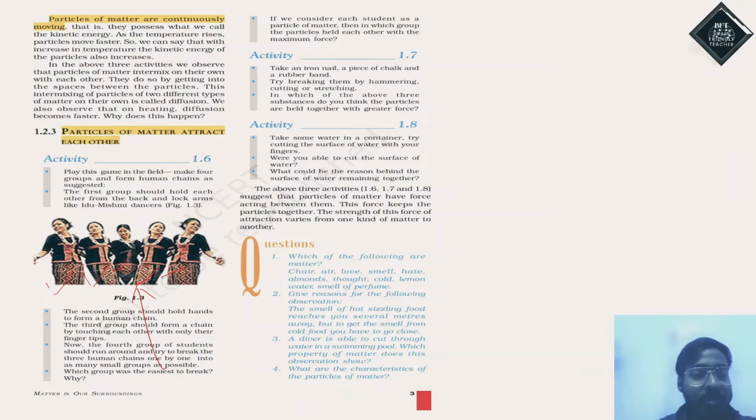What you can observe is that they pretend to break down, but they don't break. They are showing that they are attracted to each other, holding each other. The same thing happens with two particles.